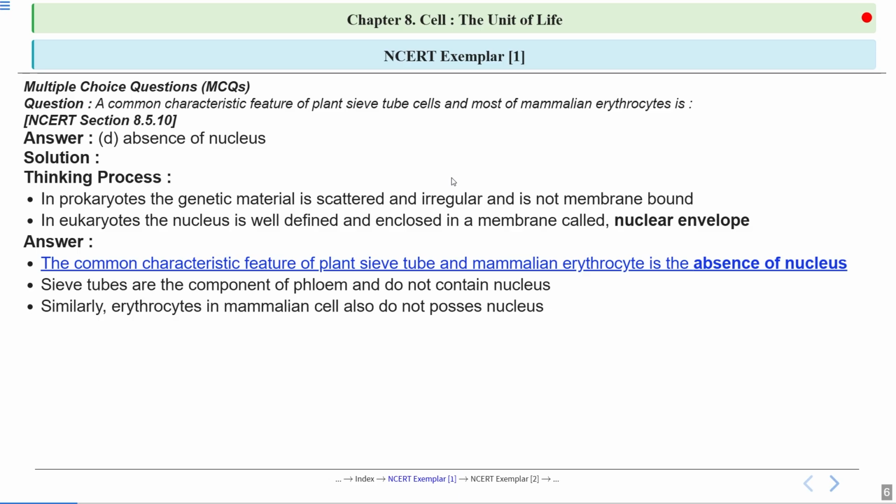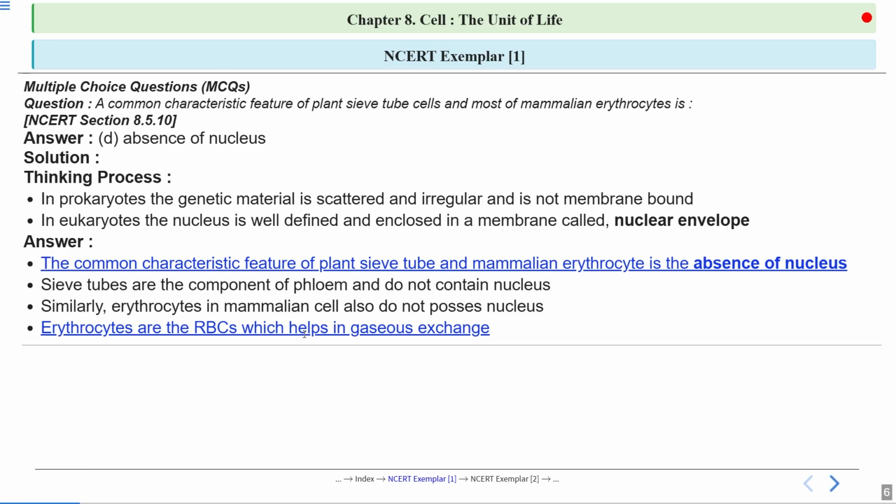RBCs carry hemoglobin and hemoglobin binds to oxygen. It forms oxyhemoglobin. So to carry more oxygen, nucleus is absent in the RBCs. So erythrocytes are RBCs which help in the gaseous exchange.